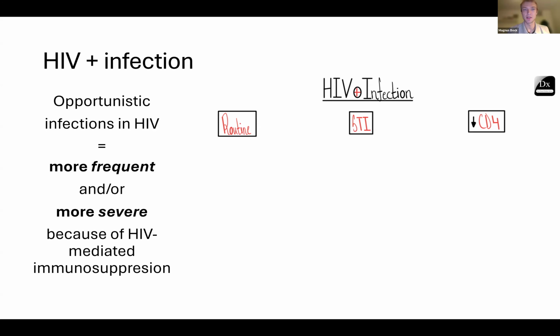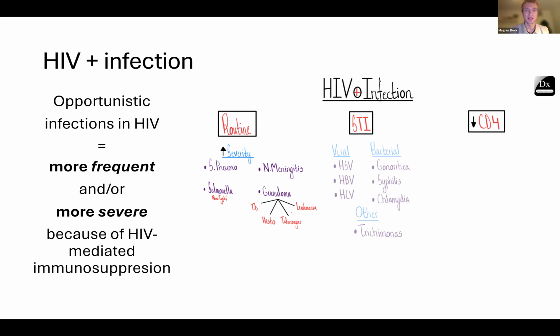So one bucket are the routine infections that we see in immunocompetent patients as well, but they just present with more severe symptoms. And those could be, for example, strep pneumo or granulomatous diseases like TB. And then we should also be thinking of other STIs in HIV patients, because when you have one STI, you may share some risk factors with some of the other STIs.